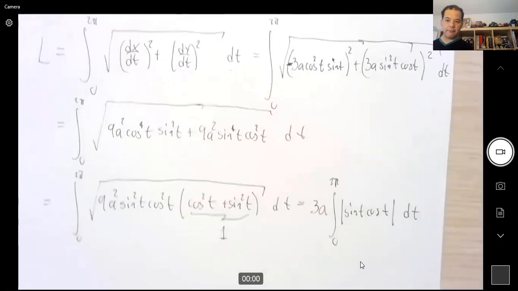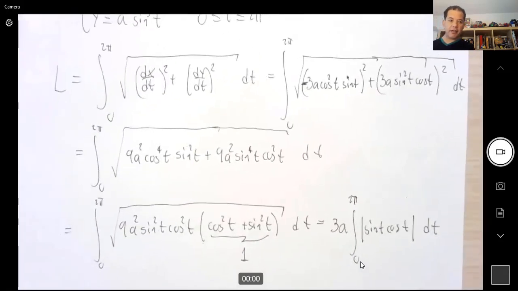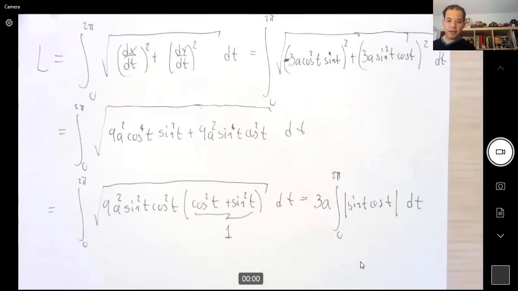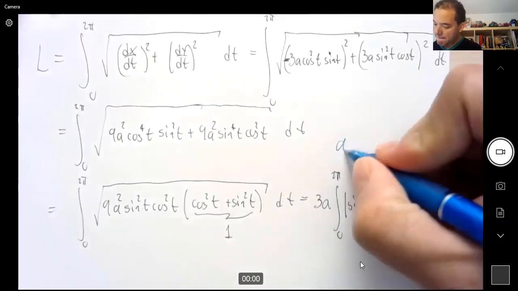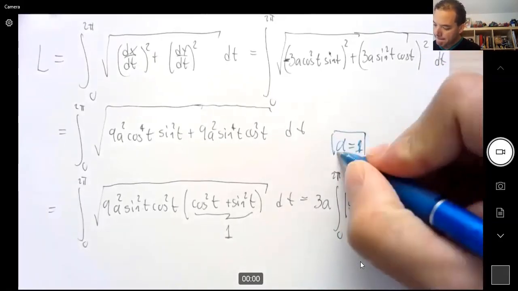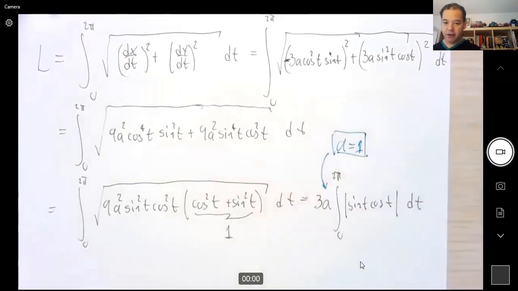A little bit further back, and then we cancel the square root with the square and put absolute value bars here. And remember, we had said that we were doing a equals 1. So that takes care of this one over here.